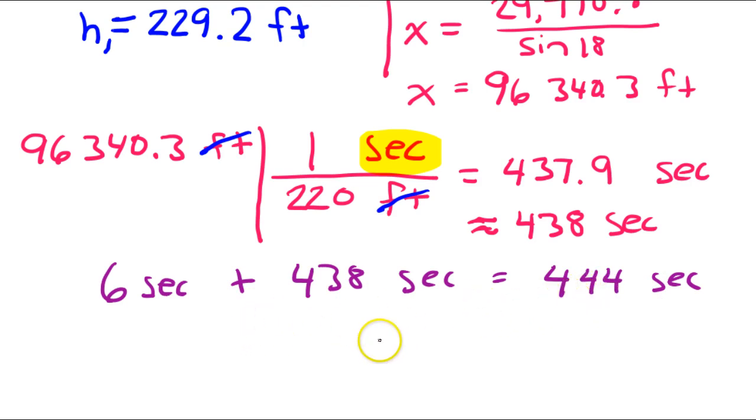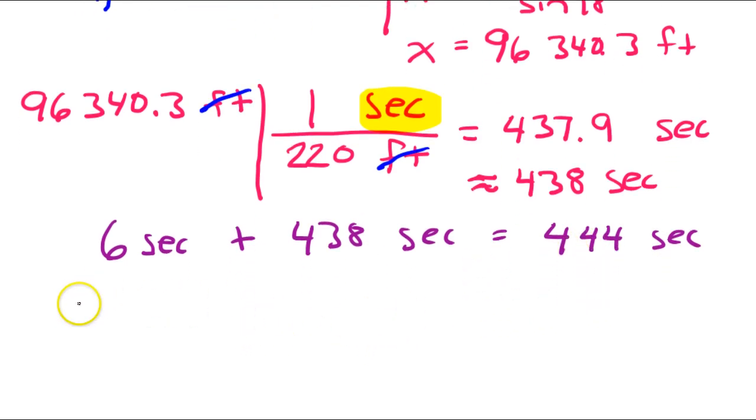But they wanted it in minutes, so let's do one last conversion. This is the third time I'm showing you this unit conversion thing, so thank you, Josie Anderson, my chemistry teacher, who drilled this into my brain. We have 444 seconds and want to convert that to minutes.